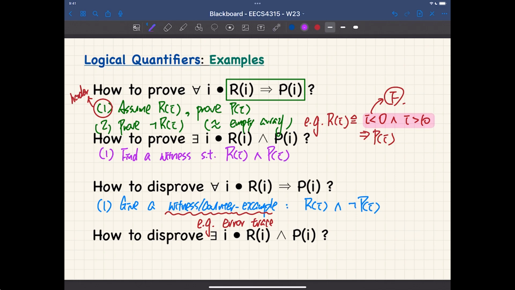It sounds trivial simply because we have a conjunction here. The only way to make a conjunction true is when both are true. This is definitely the easy case for existential.